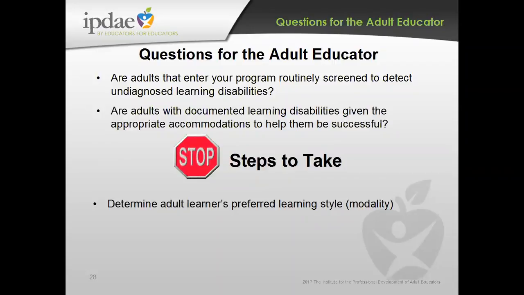No, not really. We will figure out how they learn by watching them, by listening to them, and by asking them. But in the beginning, we don't know, and one of the best ways to get basic understandings of how they need to learn is by doing learning style assessments.